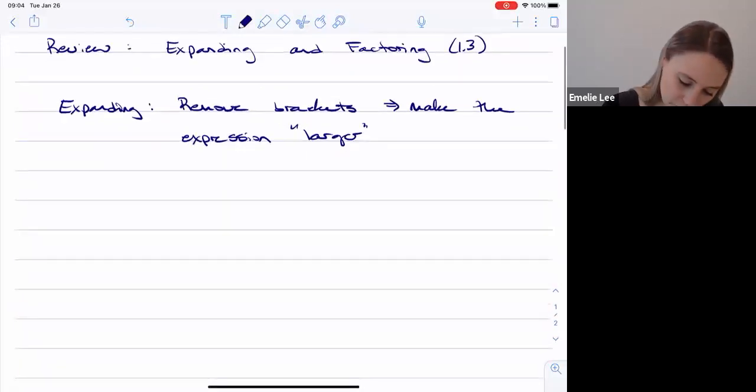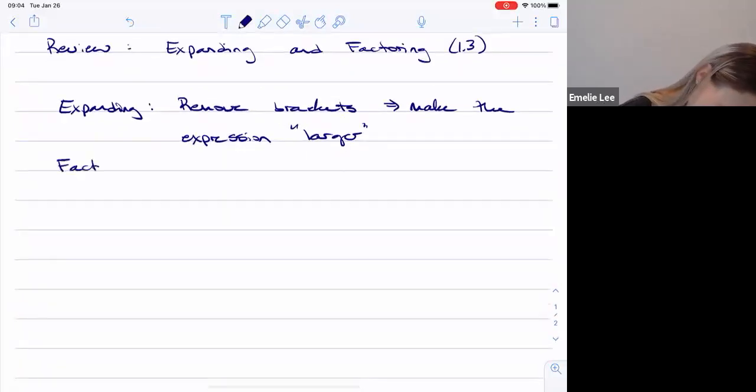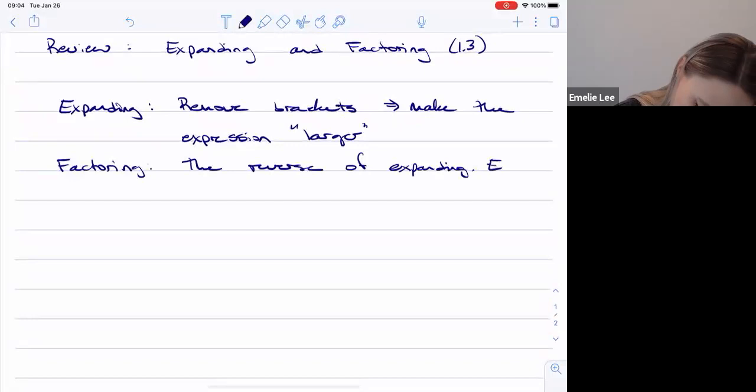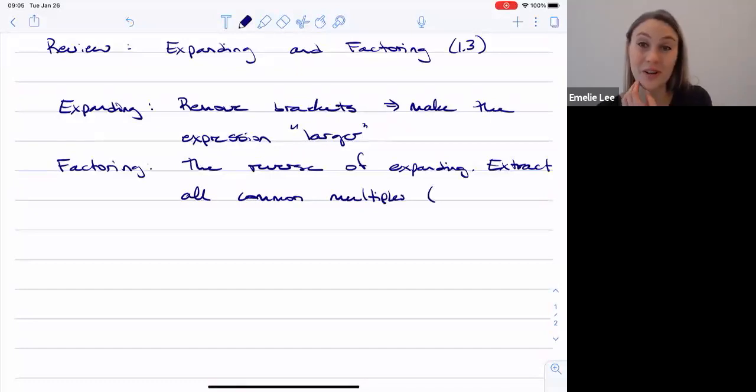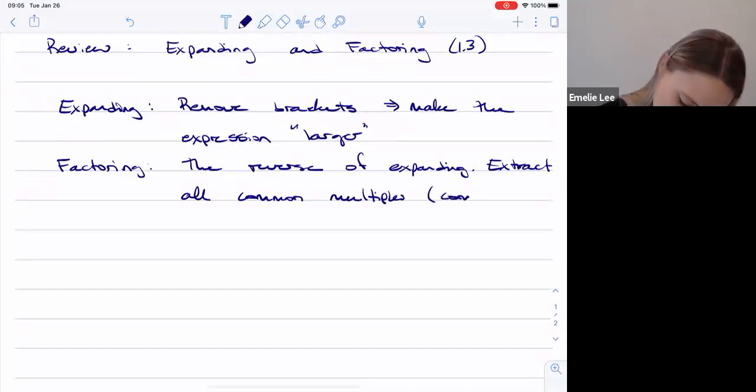Whereas factoring is the reverse of expanding. What we do is extract all common multiples, which we can also call common factors, and that's where the term factoring comes from.